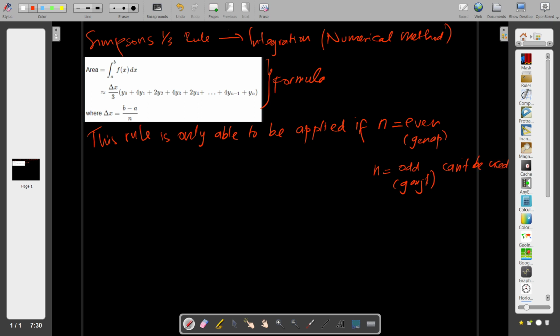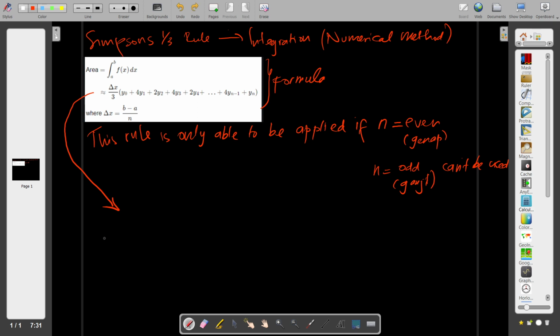Okay, now we are talking about the formula. Actually, the formula is a modification of the trapezoidal rule, and I will write it down again here.